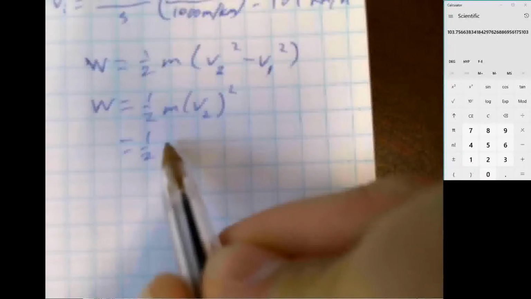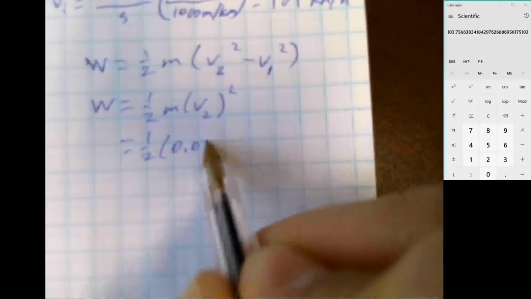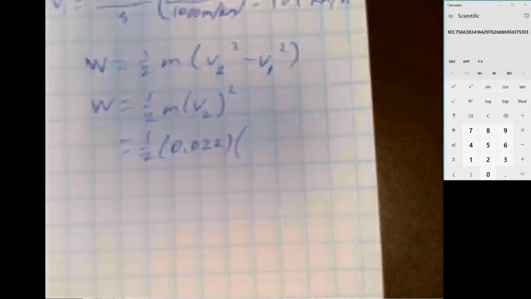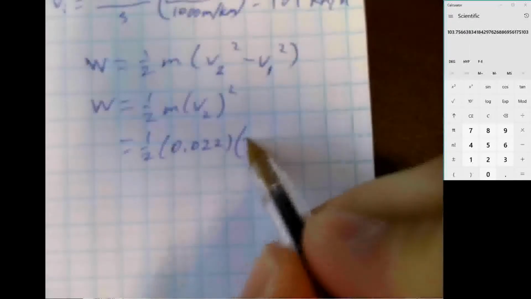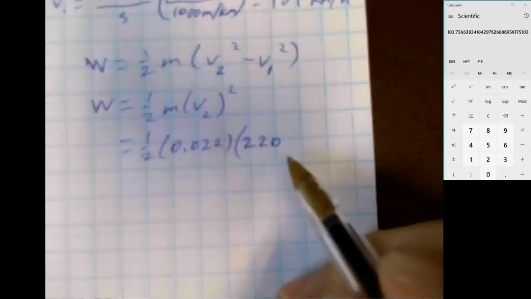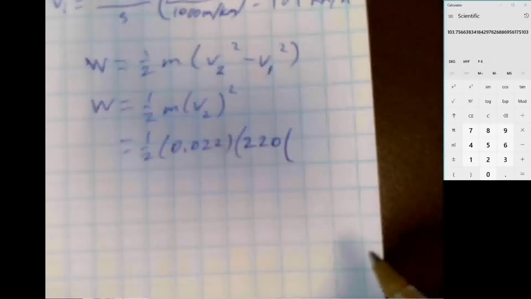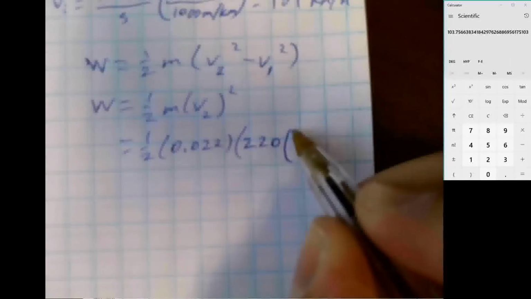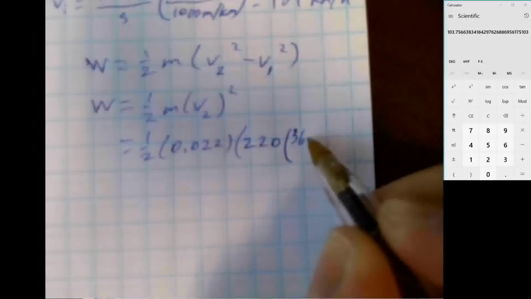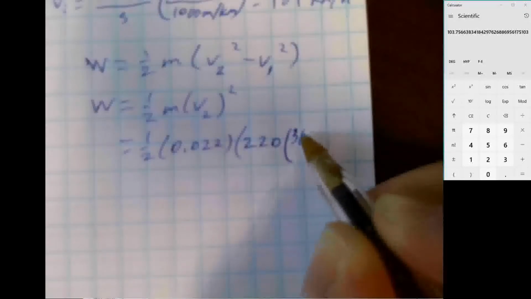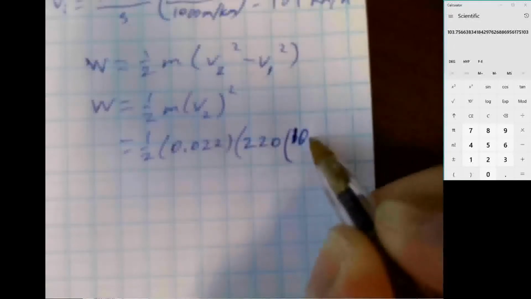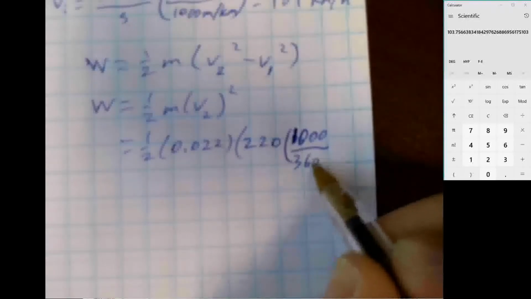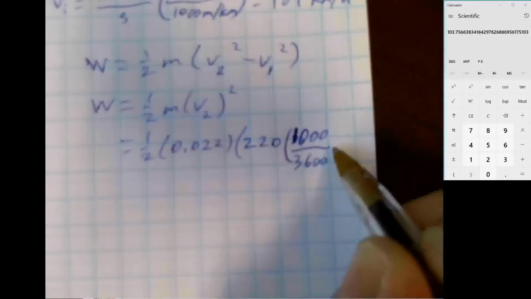1/2 of m, which in this case is 0.022, v2 squared. So for this one, it's 220 kilometers per hour. I have to change the kilometers to meters by multiplying by 1,000, and I have to divide by the number of seconds in an hour.